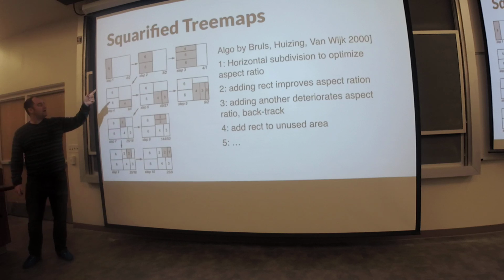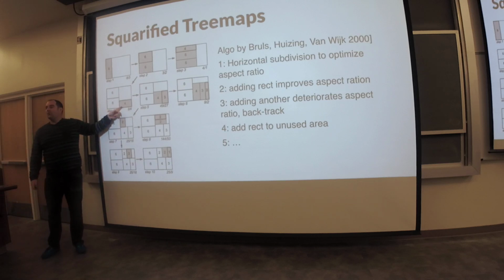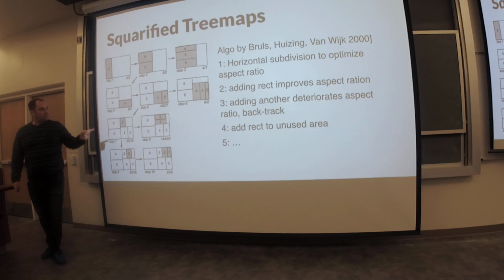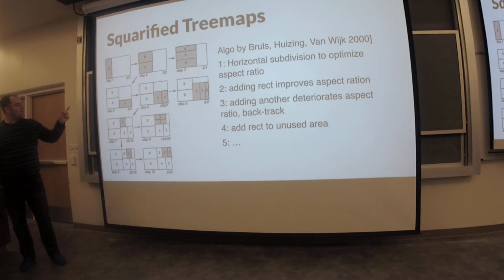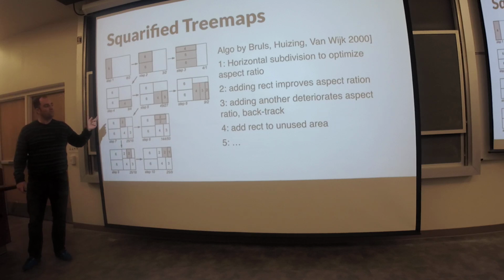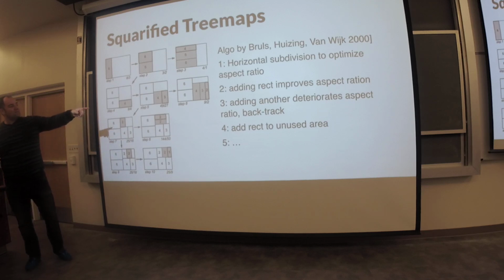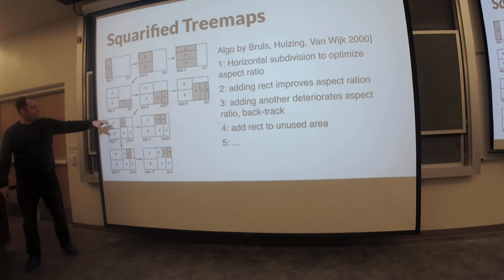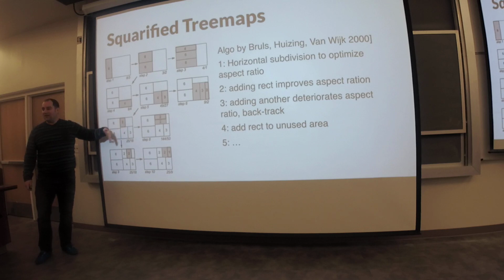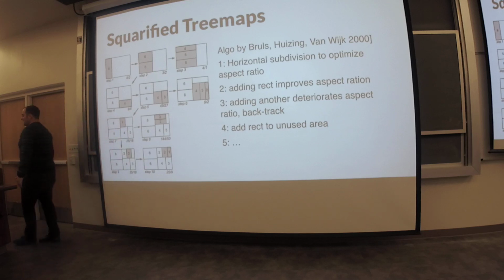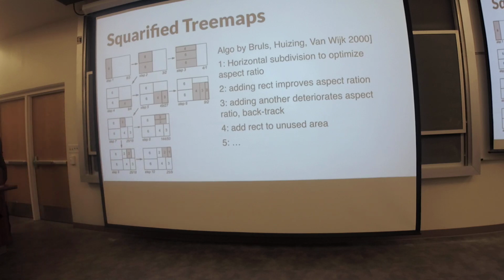And so they backtrack and instead add 4 as its separate node here in the unused space. They add the 3 here, check: aspect ratios have improved. Then they add 2 here. In this case, the aspect ratios of 4 and 3 have gotten worse. And so they move to the unused space, and so on and so on. This is the idea of this algorithm, and by doing this, you get these nice squarified tree maps.